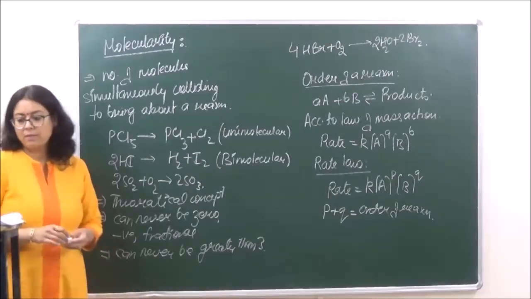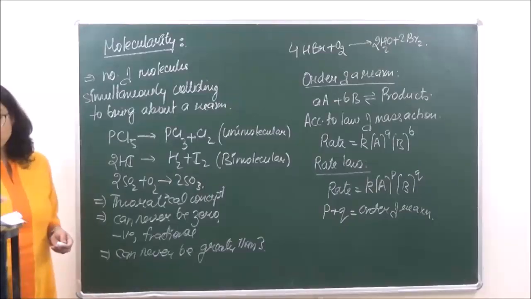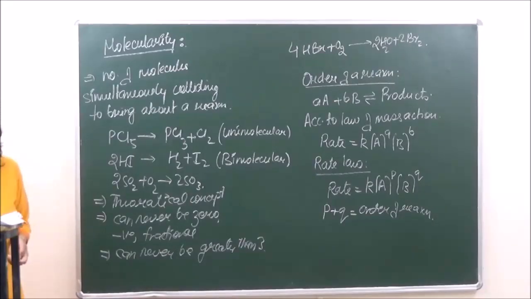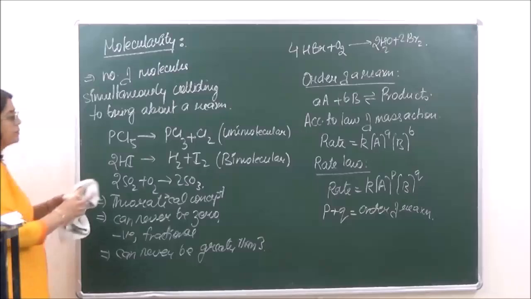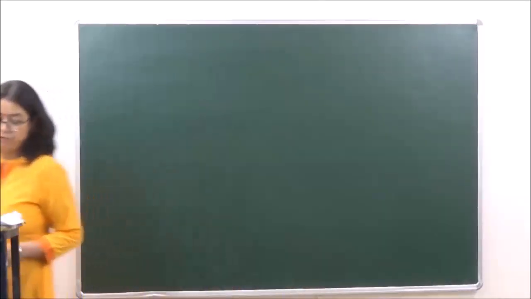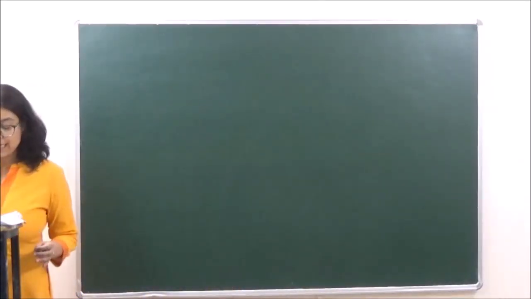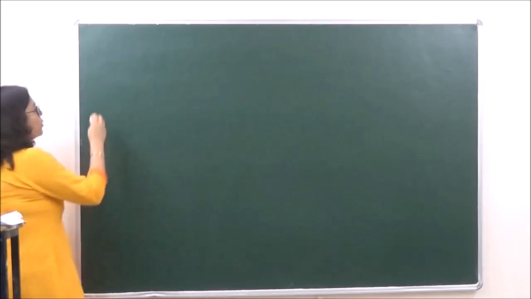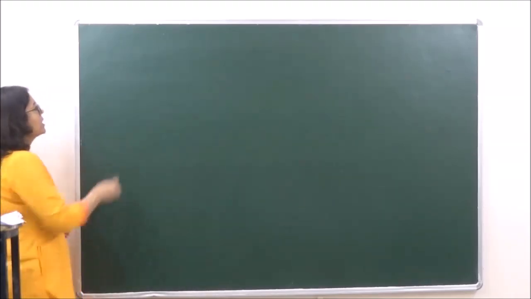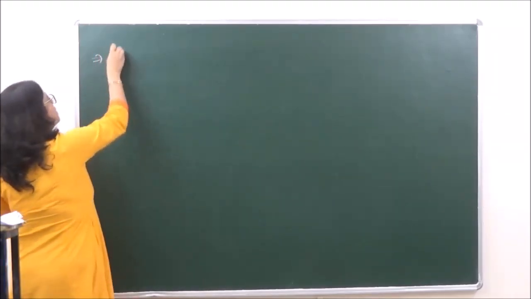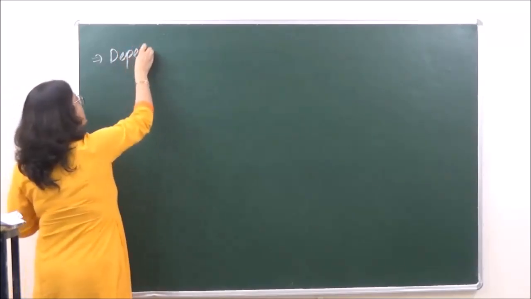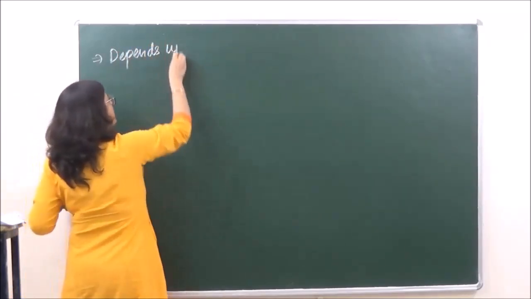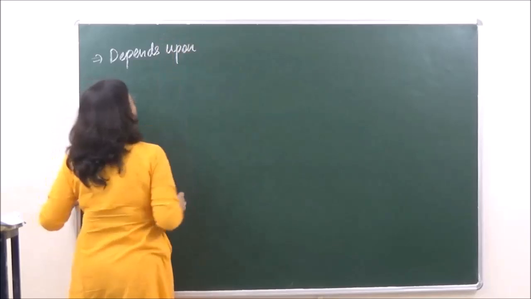Have you understood till here? Let's take a few examples over here. We say that order is an experimentally determined entity, and we also say that the order of the reaction depends upon the mechanism of the reaction.